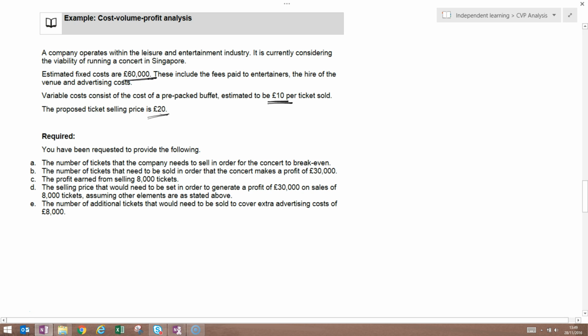We've been required to firstly calculate the number of tickets the company needs to sell in order for the concert to break even. So our break-even formula is equal to fixed costs divided by the contribution per unit.